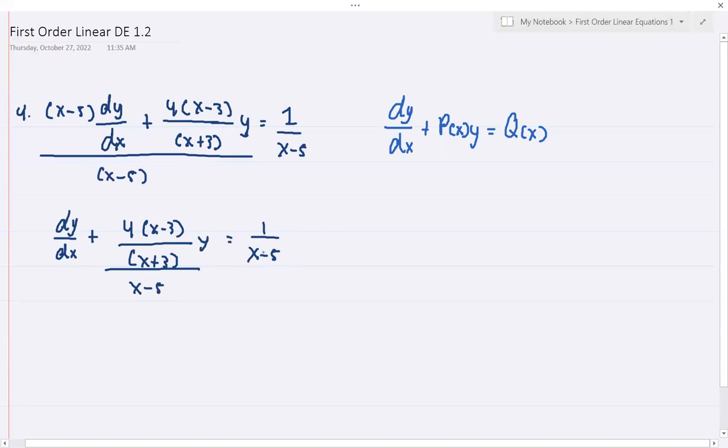Now, as you can see, in this term we have, again, a complicated fraction. So we will simplify by reciprocating. So 4 times x minus 3 all over x plus 3. And since for this one we have x minus 5, we will have times 1 all over x minus 5.